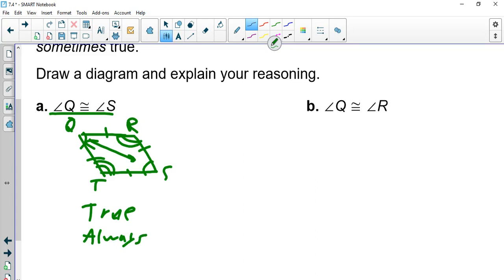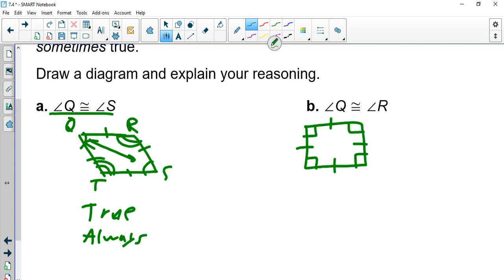Now, looking at the same drawing, is Q going to be equal to R? Well, in this case, no. You can tell that Q and R are different angles. One's obtuse, one's acute. So, in this case, you might say no. But our only choices are always true and sometimes true. So when would it be true? Well, if we had a hybrid situation where we had a square.